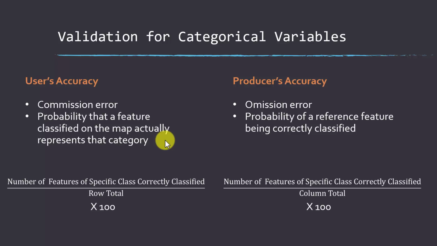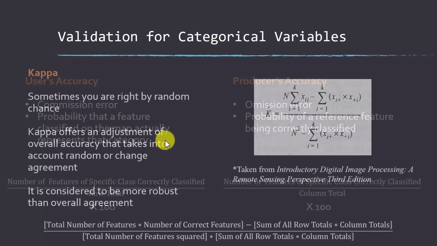And now we're just taking the number of correct features for that class divided by the column total down the column as opposed to across the row. So users is a measure of commission error, producers is a measure of omission error. And we'll look at a table in a minute to discuss those in a little bit more detail.